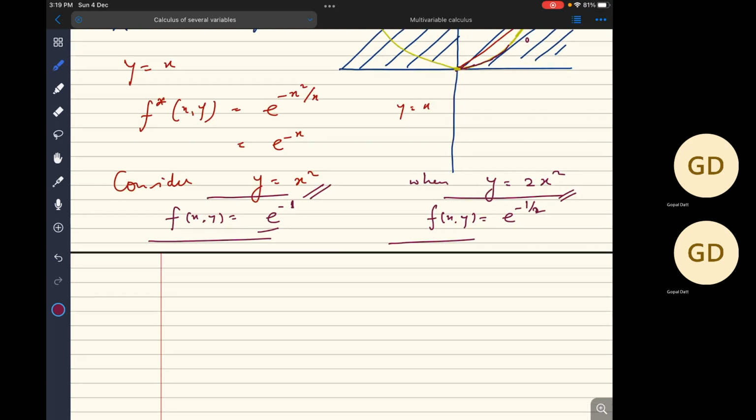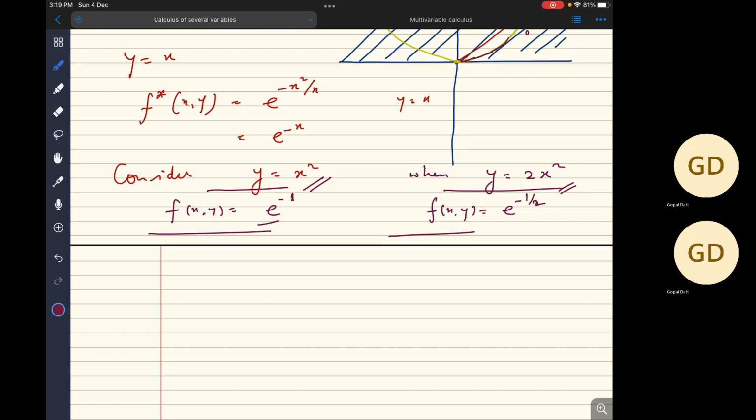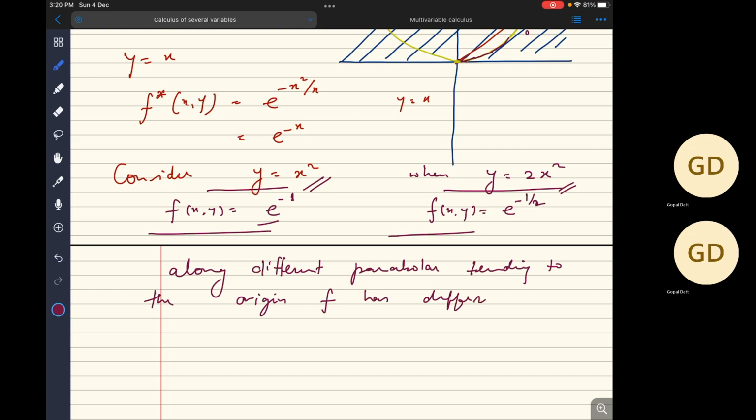So this means along different parabolas tending to the origin, f has different limits.